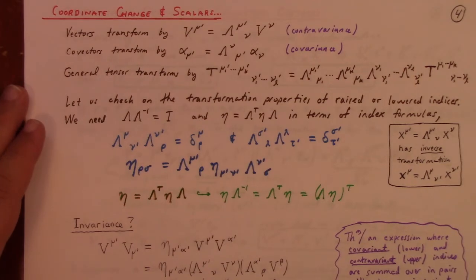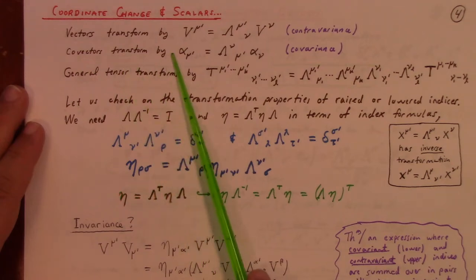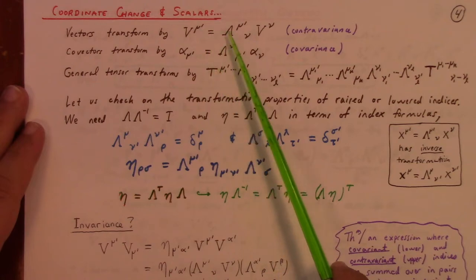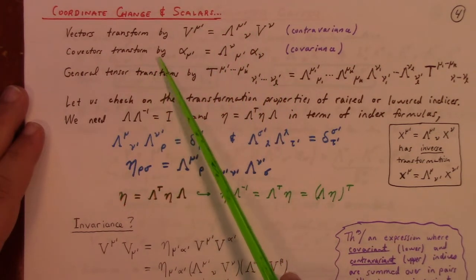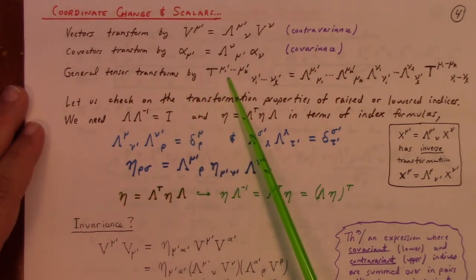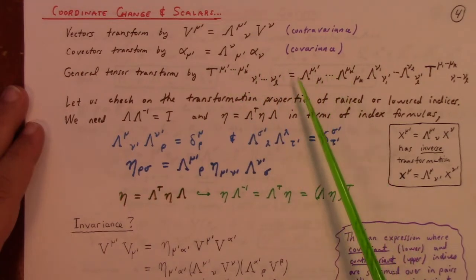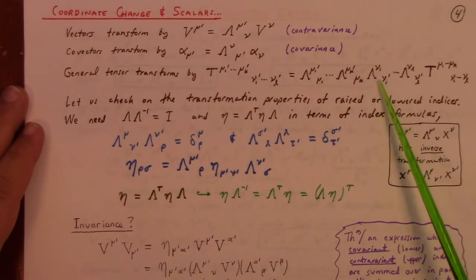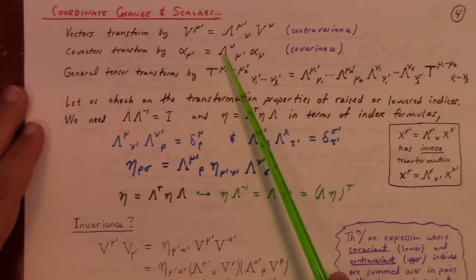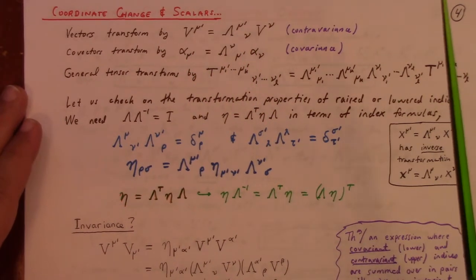Alright, so just to reiterate here, vectors transform contravariantly, covectors transform covariantly. So if we change coordinates, this is how a vector transforms. If we change coordinates for a dual vector, this is how they transform. If we change coordinates for a tensor, we get one Lorentz matrix for each upper index and one inverse Lorentz matrix for each lower index. So the lower indices transform by the inverse matrix, the upper indices transform by the matrix.